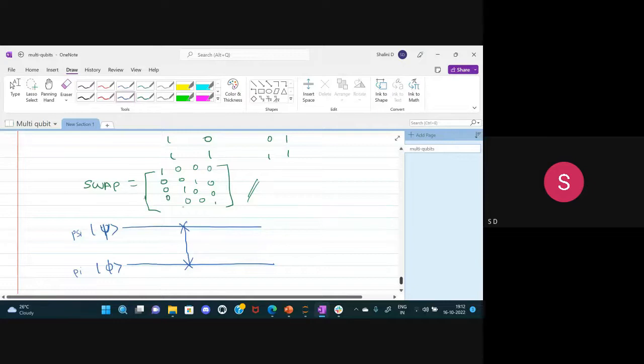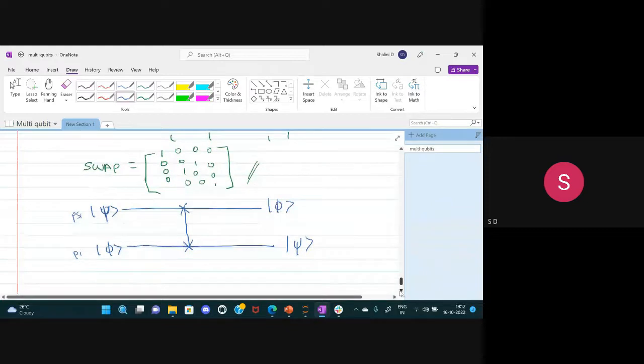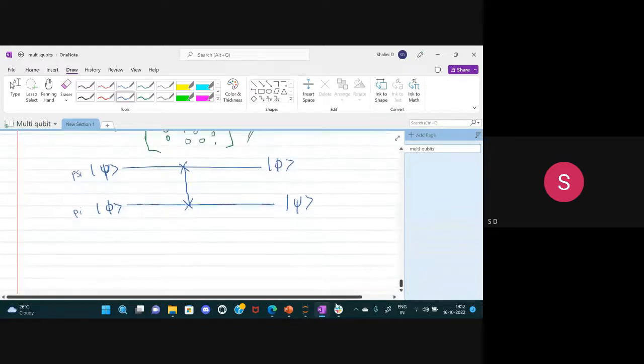This is how we represent the swap gate, and for this you will get psi and phi swapped. You can ask me why this is interchanged: because it is a swap gate. Swap gate means interchanging of the qubits. So this is quite easy.